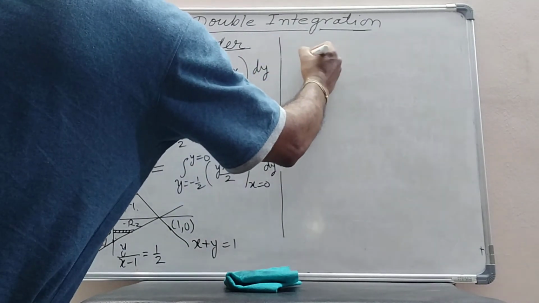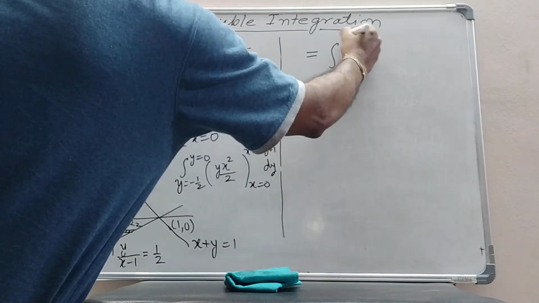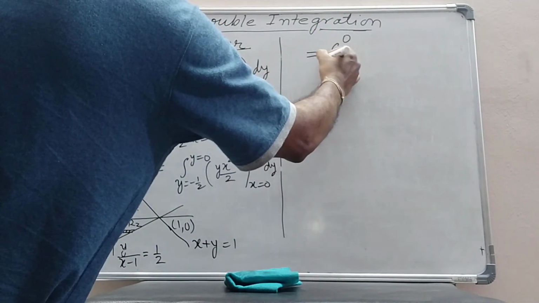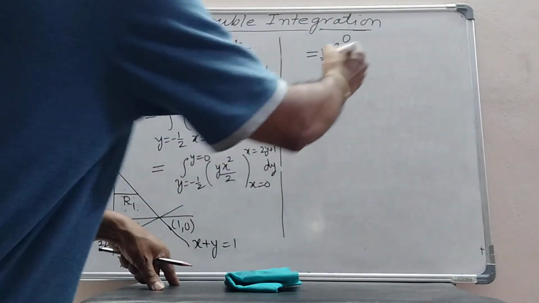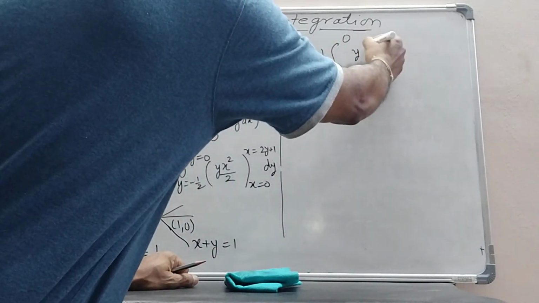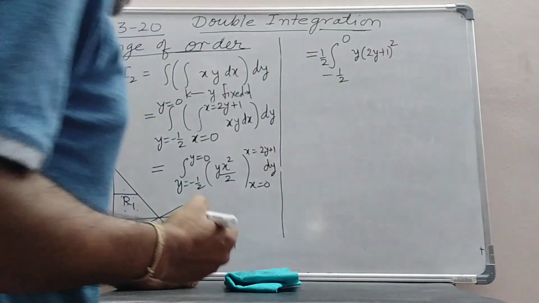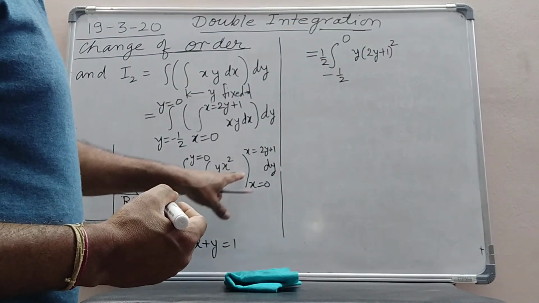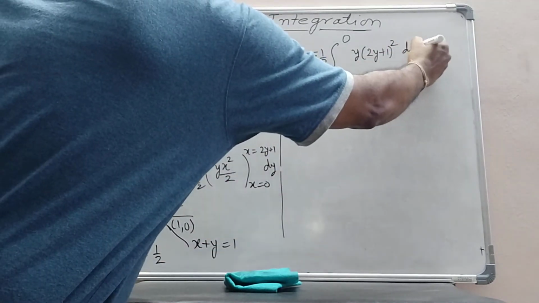This is equal to integration from minus 1 by 2 to 0. I can pull this half out, and what I have now is y times 2y plus 1 squared minus 0 squared. This is what I get.